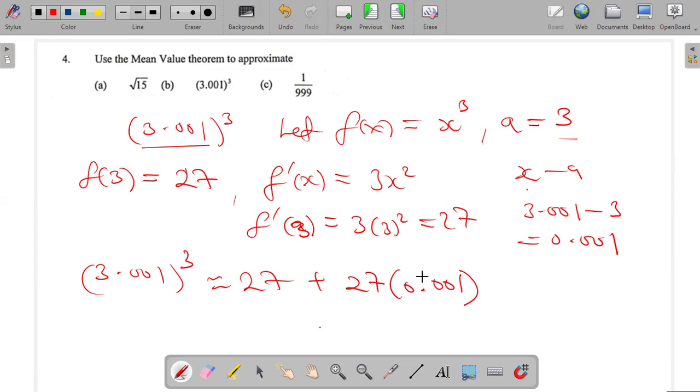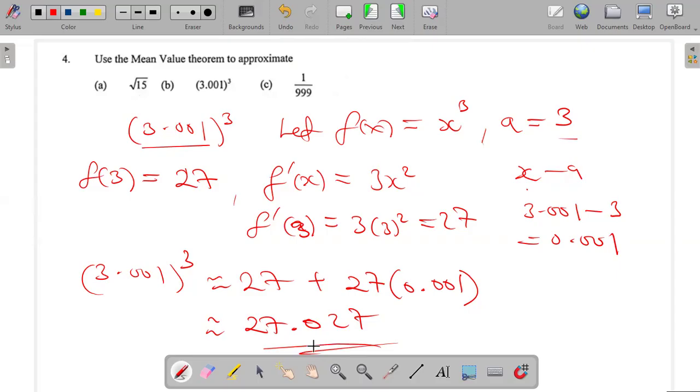If I multiply and add, I end up with 27.027. So this is what I get here.